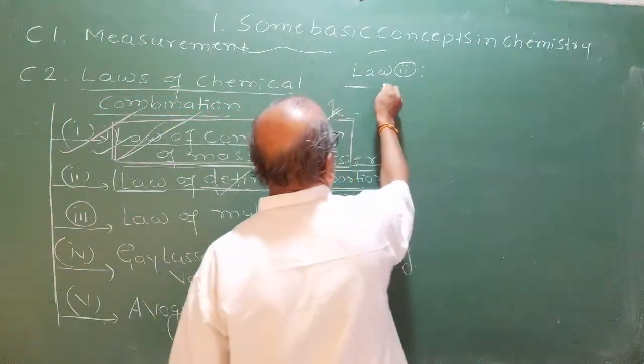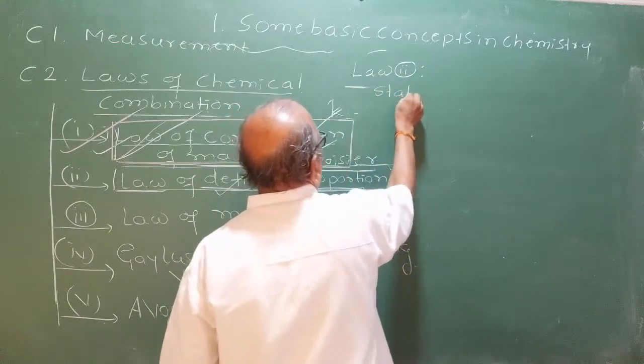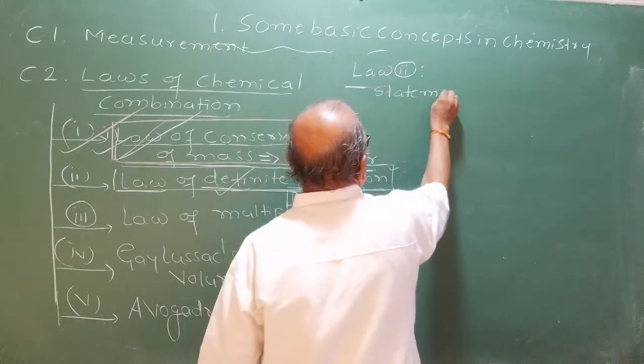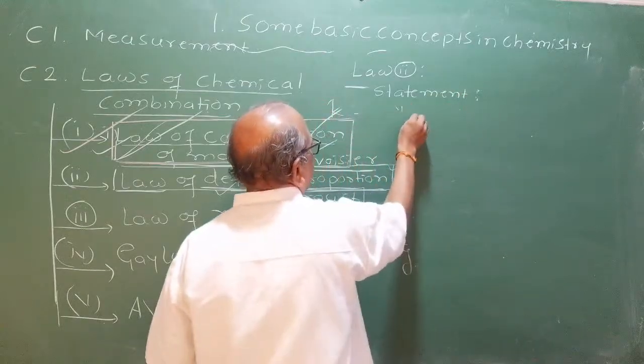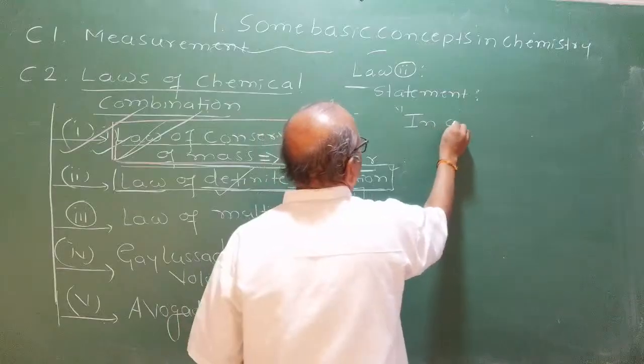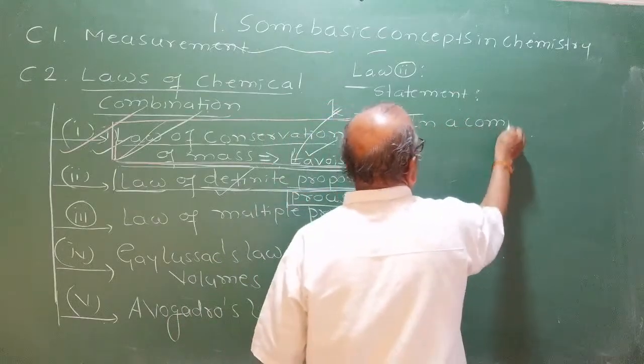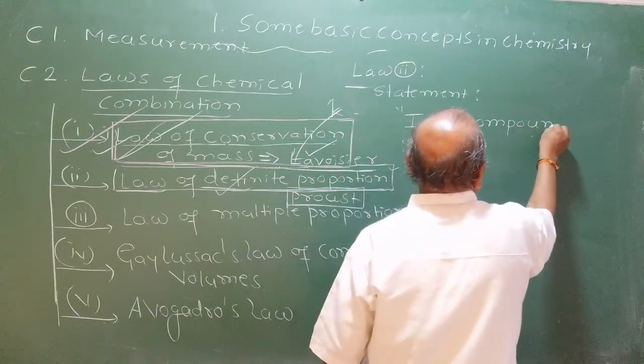Let us write the statement now. Statement of the law of definite proportion. In a compound, let us write the definition meaningfully. Open the notebook, you may be asked for 1 mark.